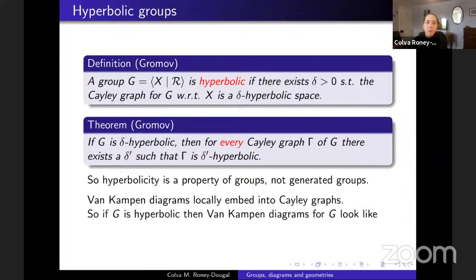So if G is hyperbolic, then Van Kampen diagrams for G look like bits of hyperbolic space, because the definition of being hyperbolic is that the Cayley graph looks hyperbolic. And now I'm saying that the Van Kampen diagrams go in there, so they look hyperbolic too.